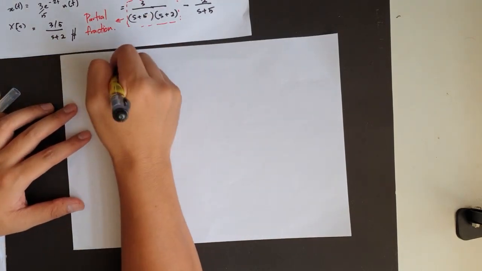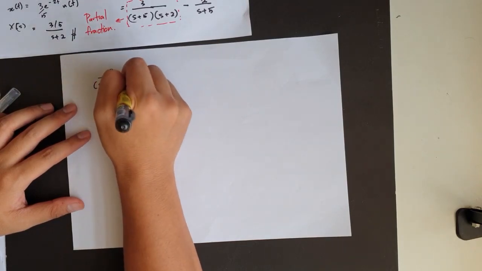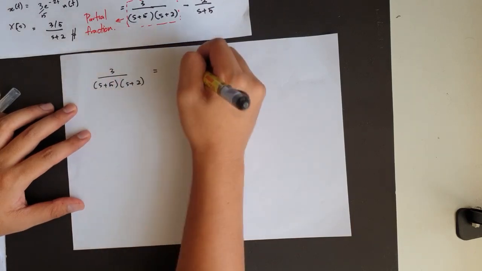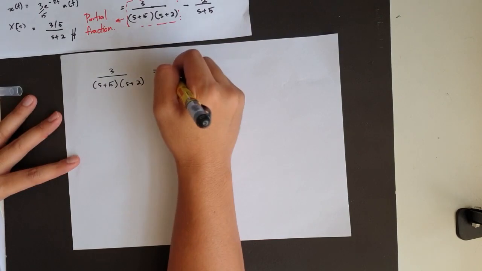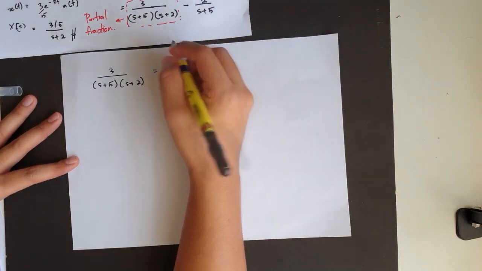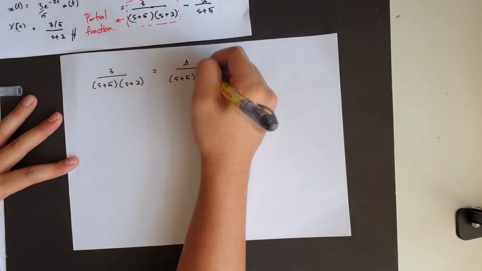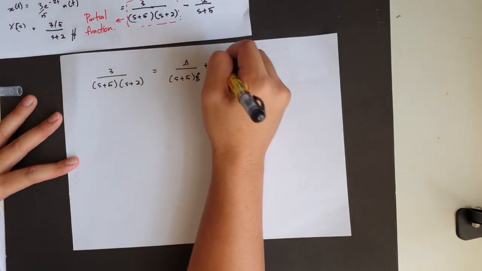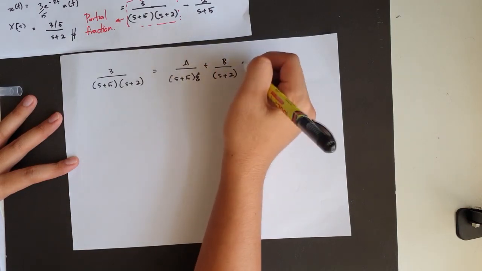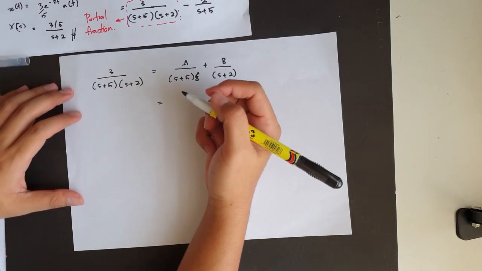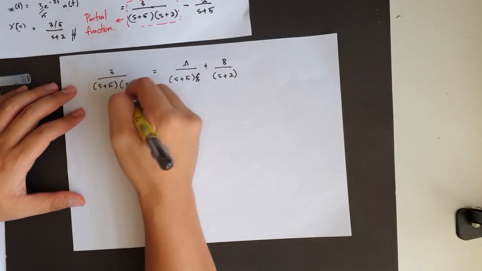So we use the partial fraction, so we can pull out here: 3 over s plus 5 and s plus 2 is equal to A over s plus 5 plus B over s plus 2. You can refer to the partial fraction table. Same step, we require to eliminate the denominator.